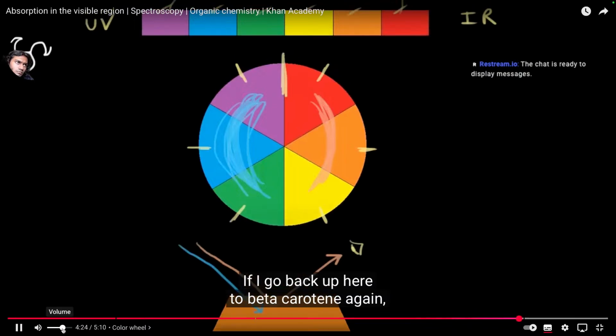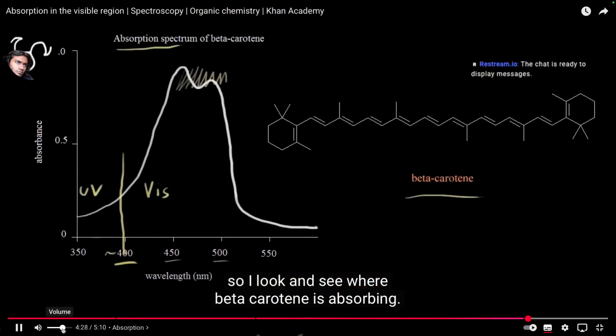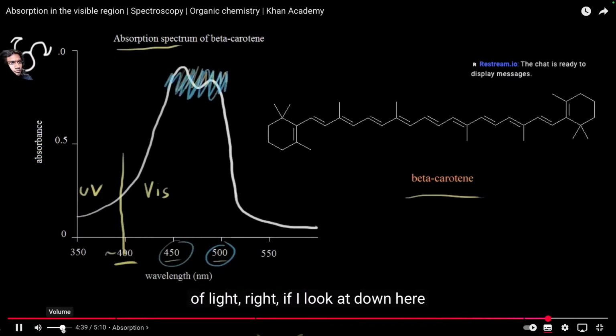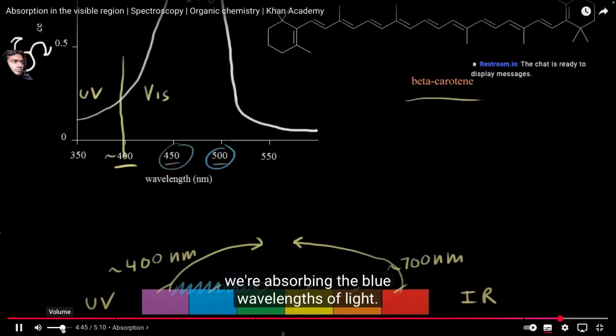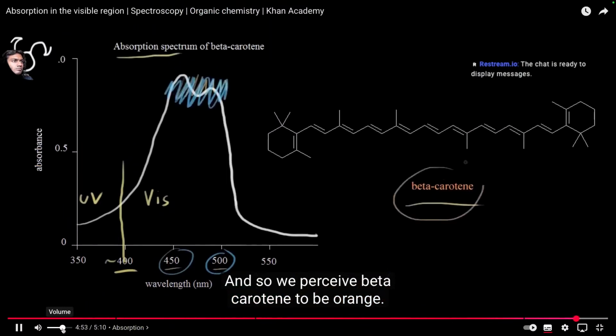If I go back up here to beta carotene again, I look and see where beta carotene is absorbing. Beta carotene is absorbing somewhere in the range of 450 to 500 nanometers, and those are blue wavelengths of light. We're absorbing the blue wavelengths of light, therefore we are reflecting the orange wavelengths, and so we perceive beta carotene to be orange.